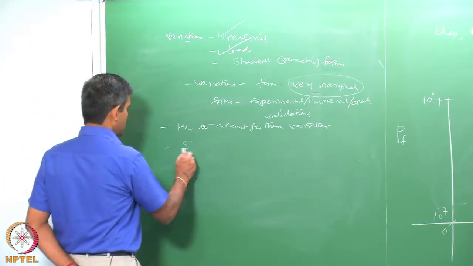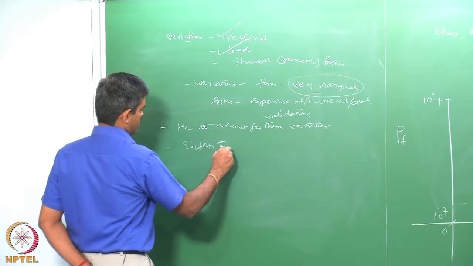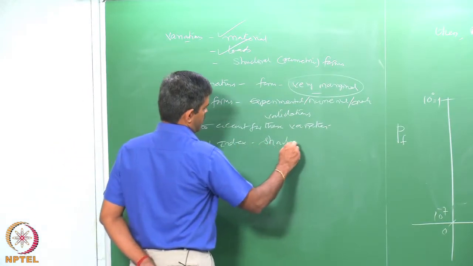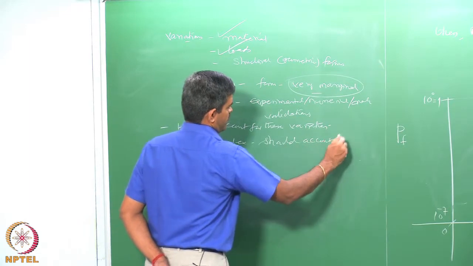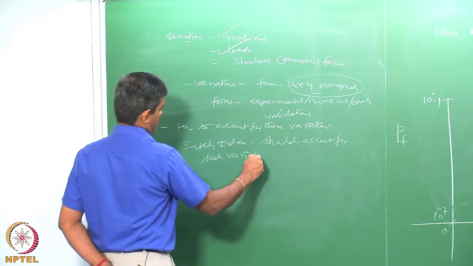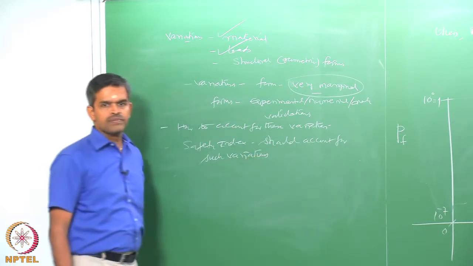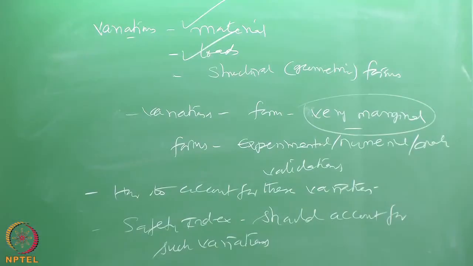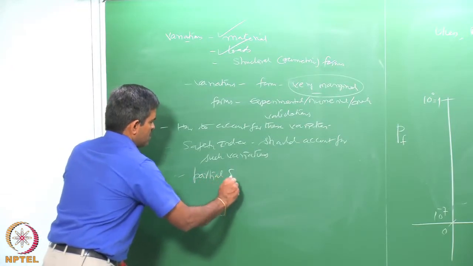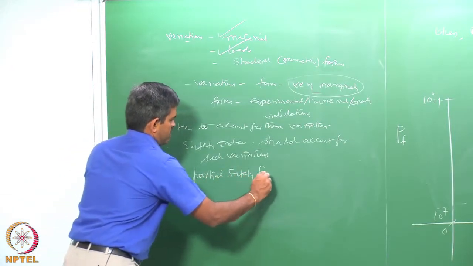Therefore, the safety index should account for such variations. Since all variations cannot be accounted for in one factor or one index, people have used what are called partial safety factors.